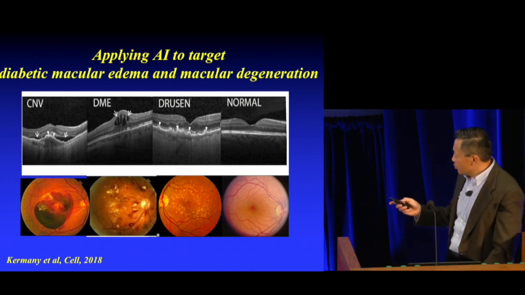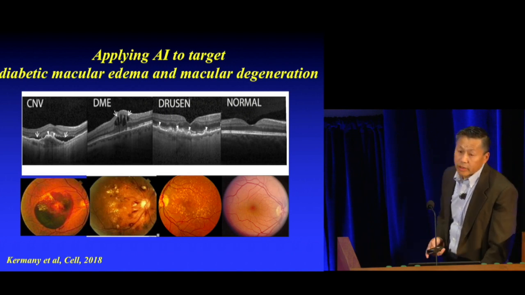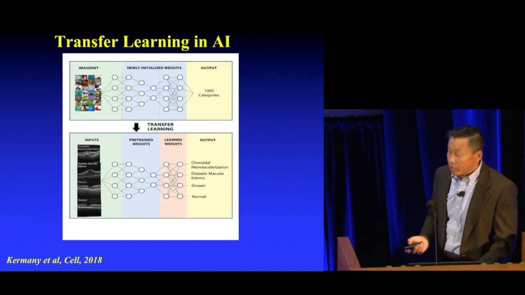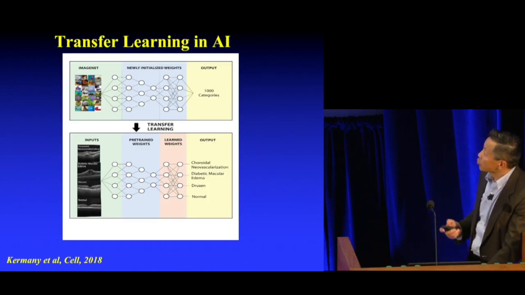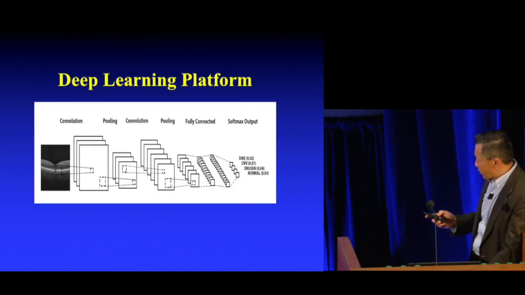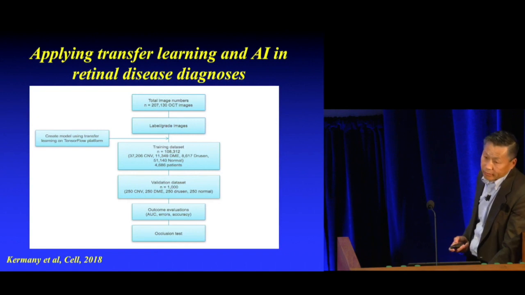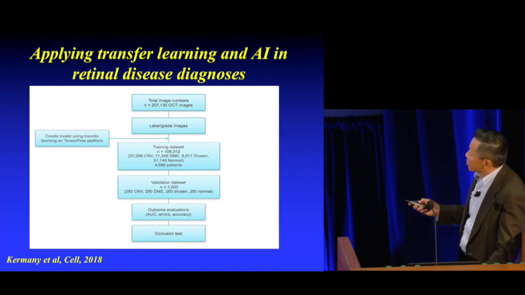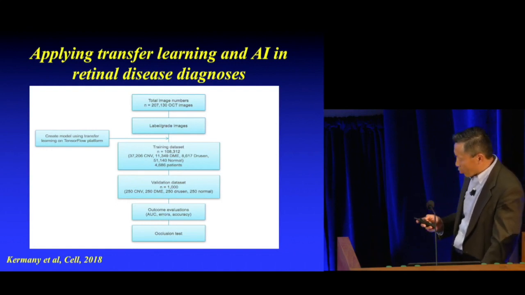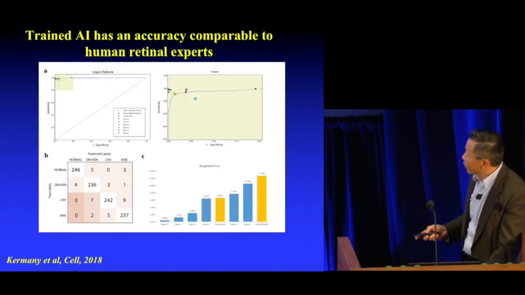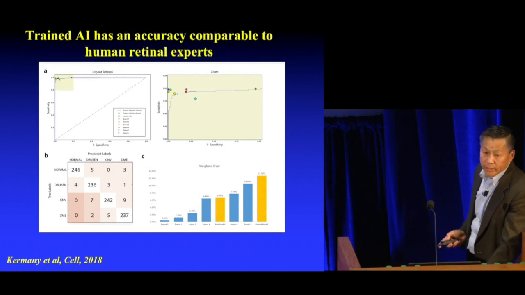As you can see, those patterns are very distinct, so they should be very amenable to pattern recognition such as deep learning. In this case, we created a convolutional neural network and used transfer learning. You have heard a lot about this. We were able to train on 200,000 OCT images to classify those diseases: wet macular degeneration, diabetic macular edema, drusen, and normal patients. This is a comparison of how it does against retina specialists.